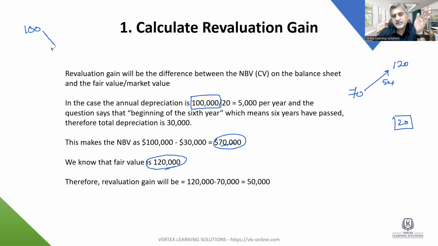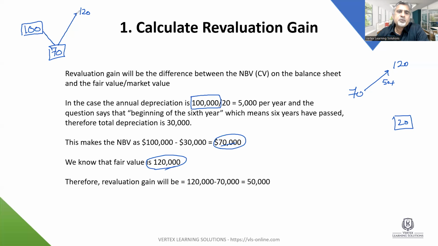Asset was 100. You depreciated in your books based on your estimate. You decided that I want to depreciate 5,000, 5,000, 5,000 every year. And in 6 years' time, you brought down the asset in your books to 70,000.